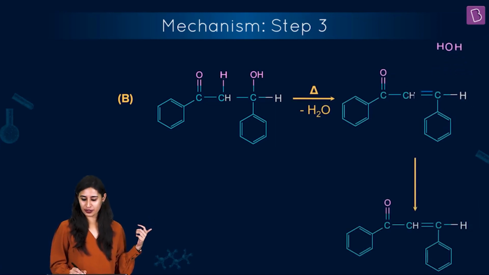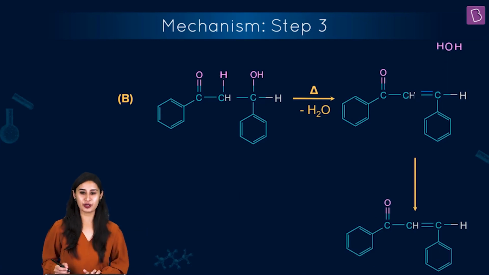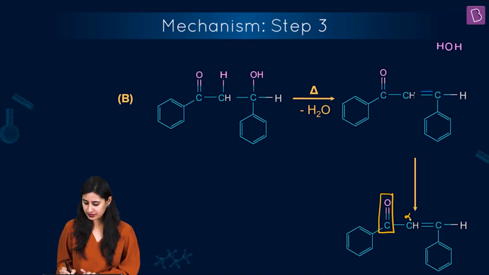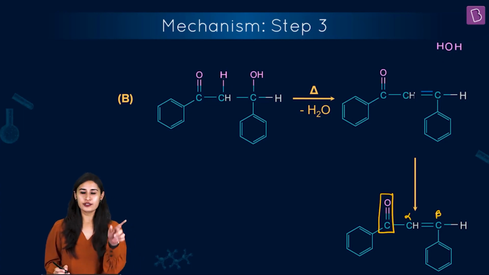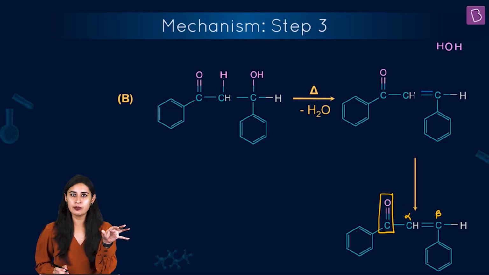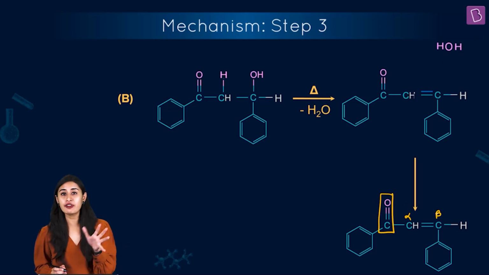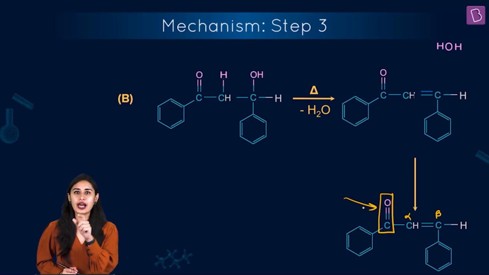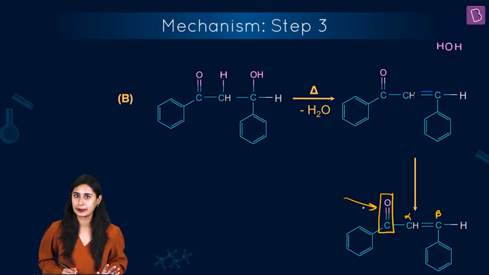In fact, the product that we are getting here is the major product, isn't it? You can see this is the carbonyl compound, this is the alpha position, this is beta. Between alpha and beta we have a double bond, hence we are calling it an alpha beta unsaturated carbonyl compound. With respect to the carbonyl, you're looking at alpha and beta.